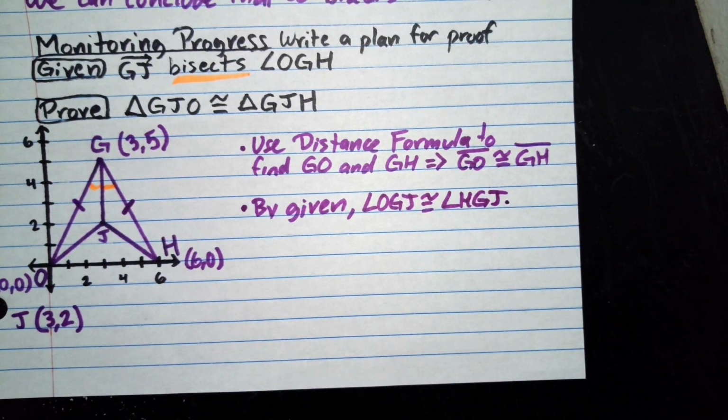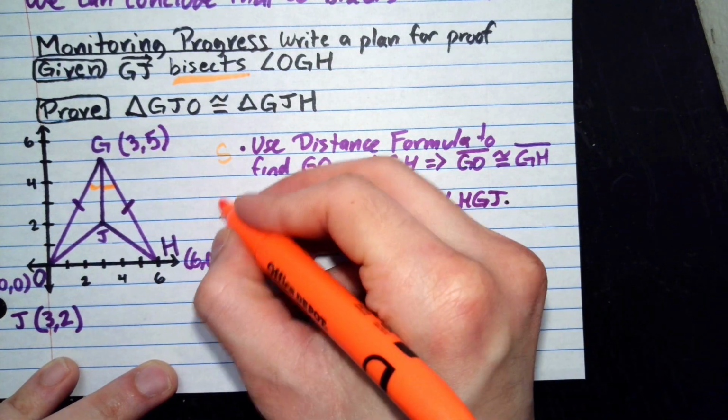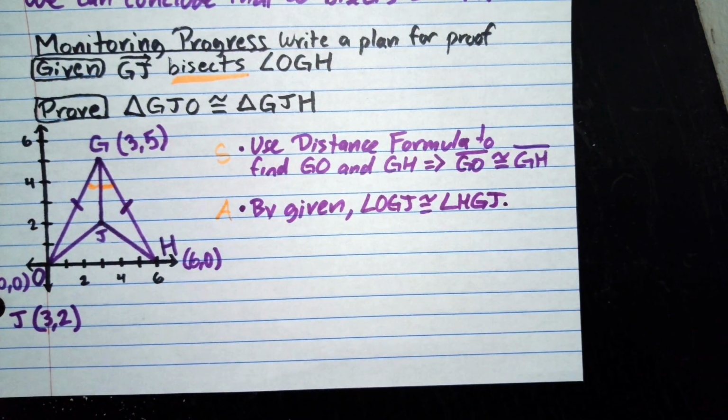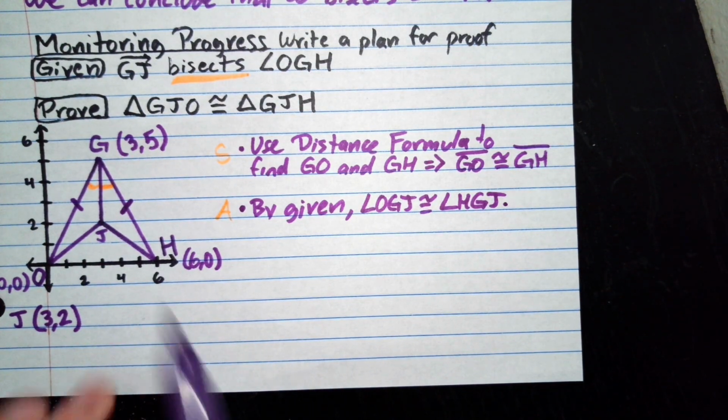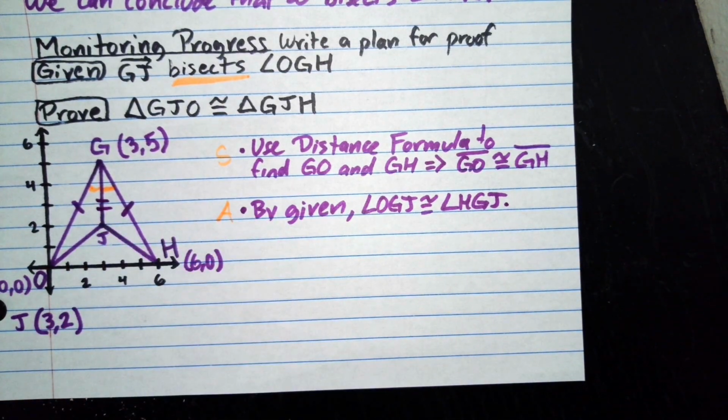And so again, we have a side, we have an angle. All we need now is another side, and if we pay close attention, by the reflexive property, GJ is actually being used in both triangles.